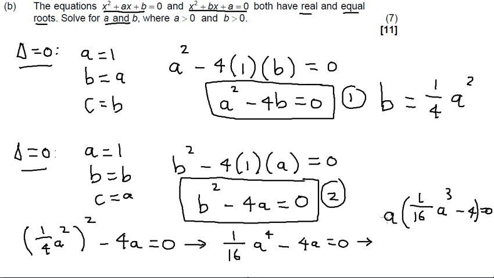So your two solutions are a is equal to 0 or a cubed is equal to 4 times 16, which is 64. And if I cube root 64, I'm going to get the a value to be 4.